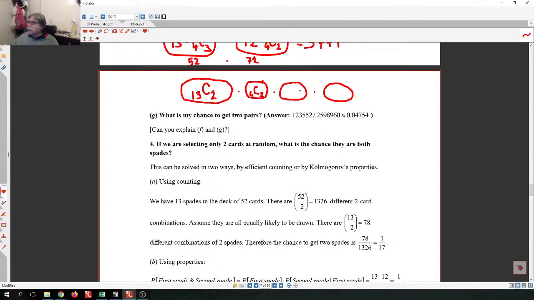That's the first pair. And the same story for the second pair. If there are threes, you still need to select two out of four of them, right? It sounds kind of confusing. If there are jacks, it's easier. So you have four jacks, you have to select two. Four chooses two combinations. Order won't matter, but you can't repeat. You can't have jack of spades and jack of spades, right?